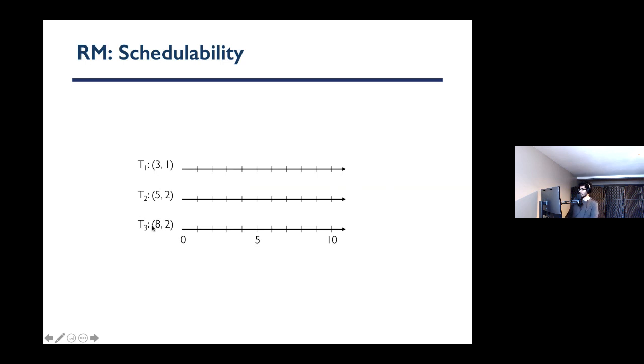If T1 and T2 had the same period and execution time, then T3 could starve forever, right? Yes, correct. No, wait. If T1 and T2 had the same period and execution time, not necessarily. You could assume that, let's say T1 and T2 had a period of 20 and execution time of 1.